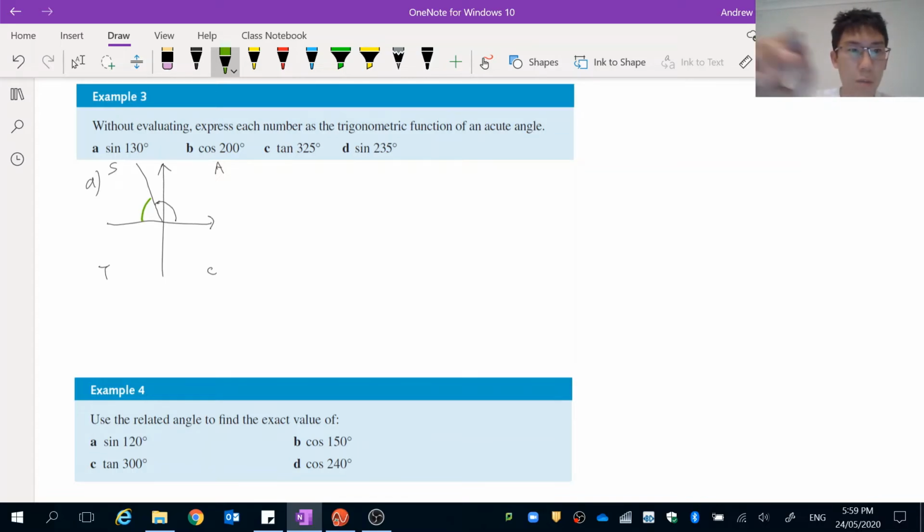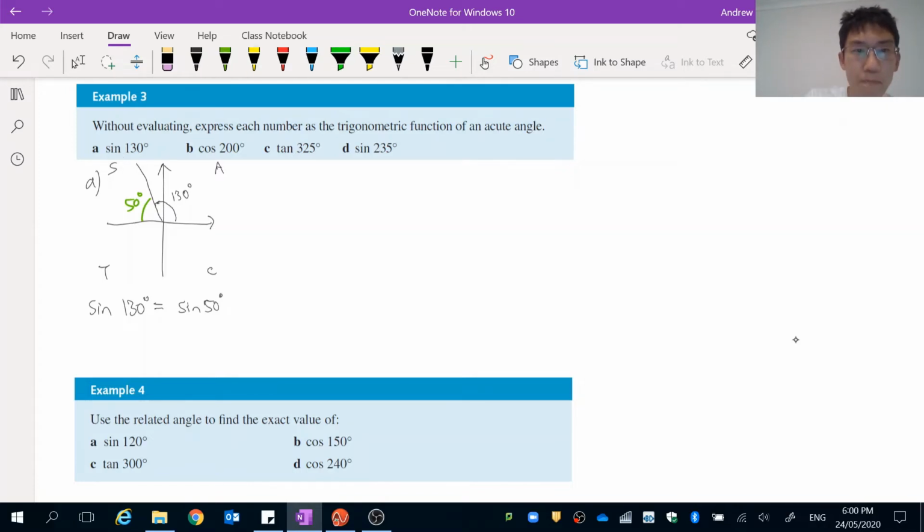Always, every single time, you'll get used to this. So if this angle from here is 130, then this one is 50. So sine 130 is going to equal sine 50, and it's still going to remain positive because this angle is still in the S quadrant.